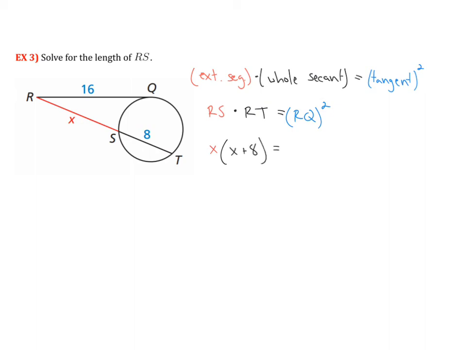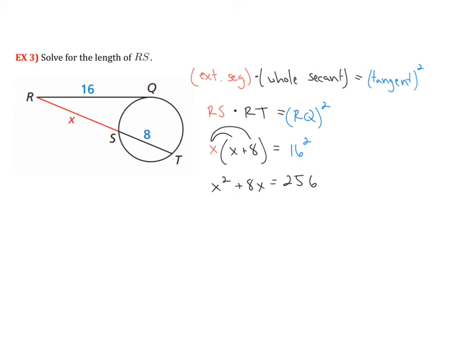And this will be equal to 16 squared. All right, so distributing here, X times X is X squared. X times 8 is a positive 8X, so plus 8X. This is going to be equal to 16 squared, which becomes 256.